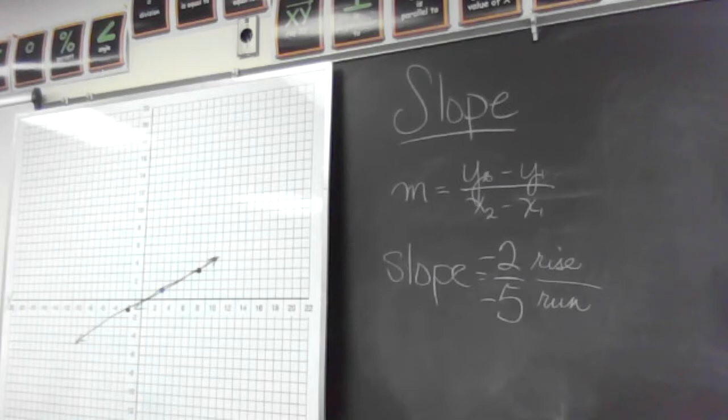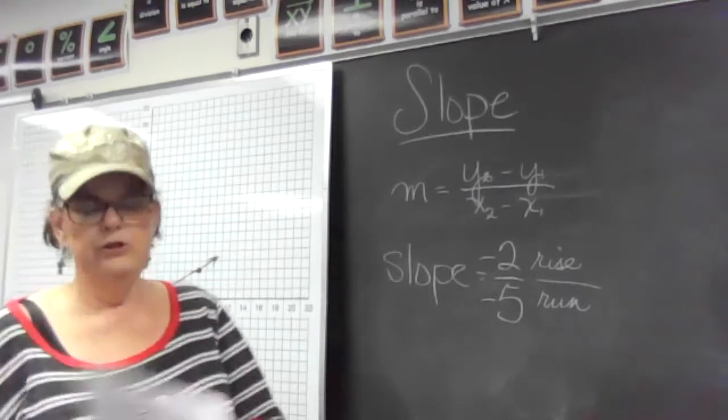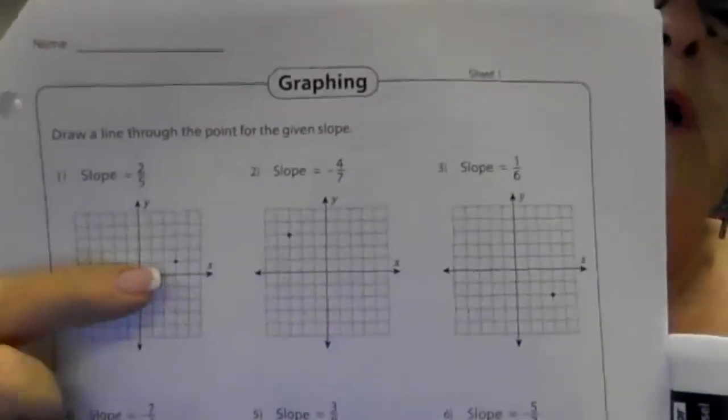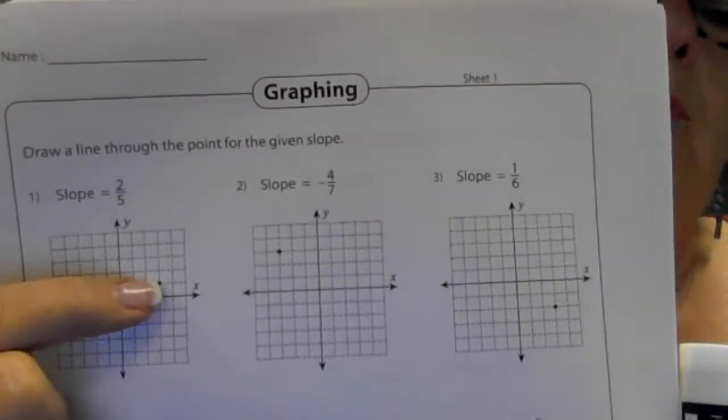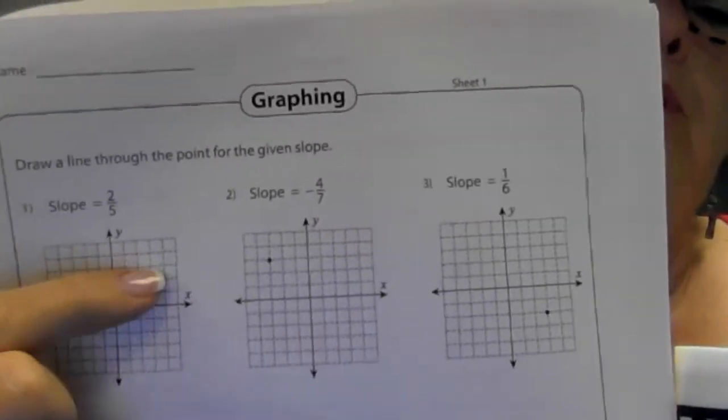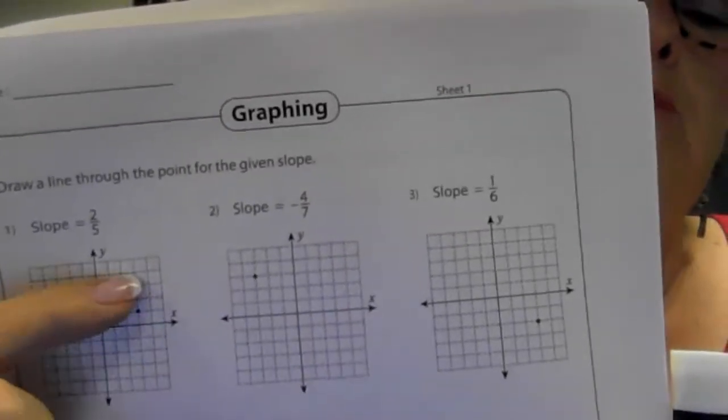It's interesting. Okay, I think why they did that on here. What she's saying is, when I worked this problem, I went up 2, but going to the right, I didn't have enough spaces.